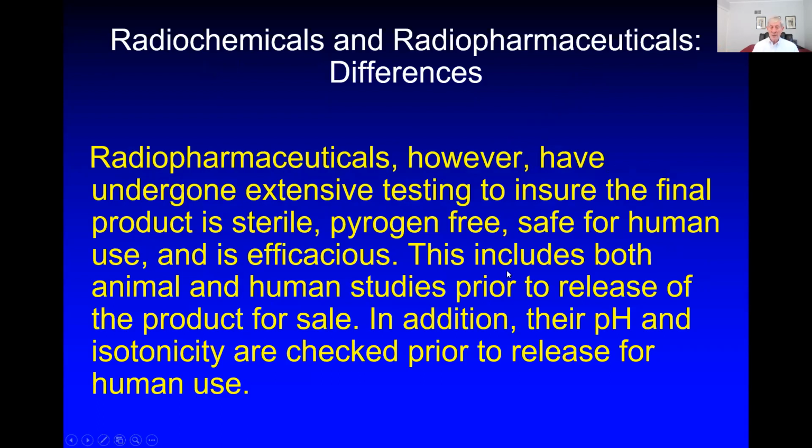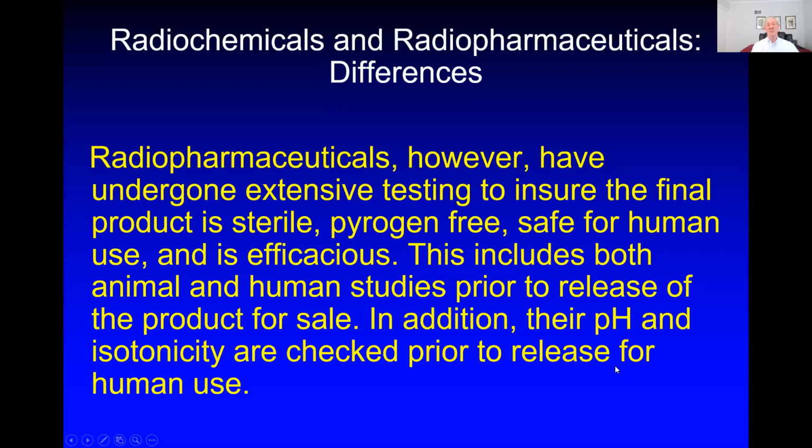We know that animal studies have been performed, human studies, dosimetry studies, pharmacology studies, toxicity studies. The pH is known. The isotonicity, the salt concentration is known. We even know if the components of that kit are compatible with that glass vial and that rubber stopper.